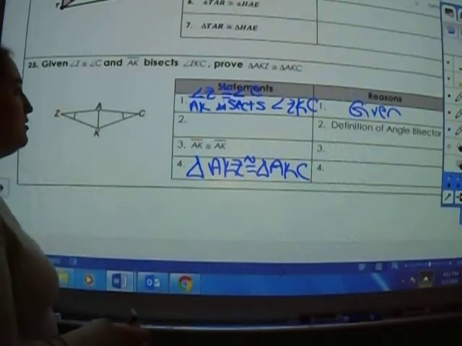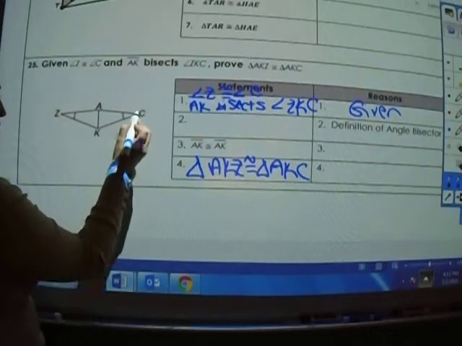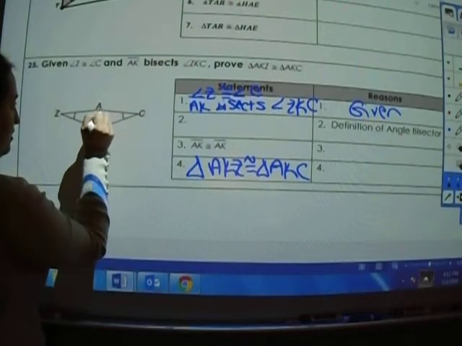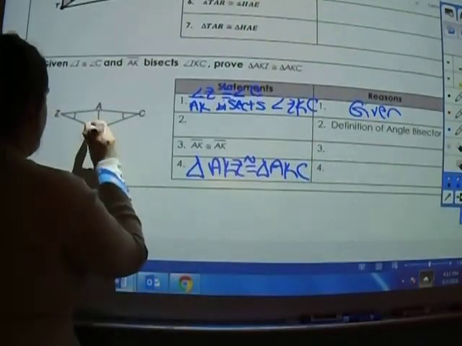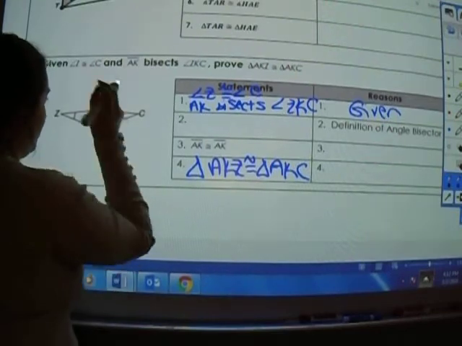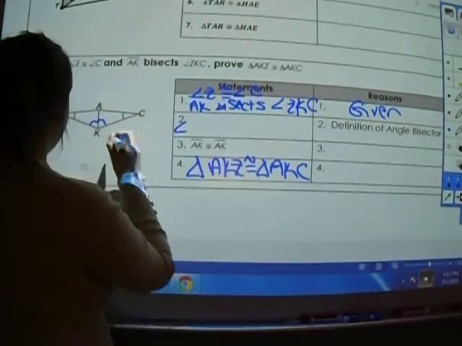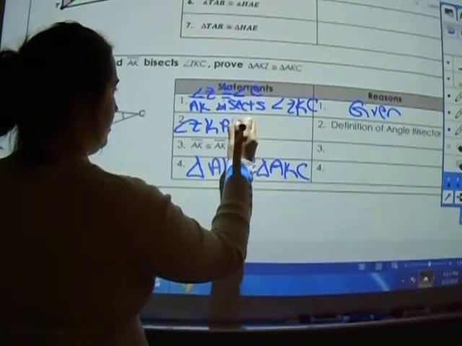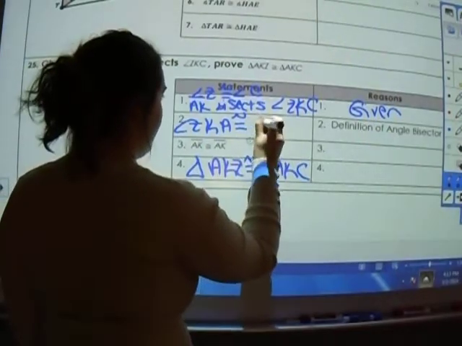All right, so since AK bisects angle ZKC, those two angles are congruent, right? So we have angle ZKA is congruent to angle CKA.